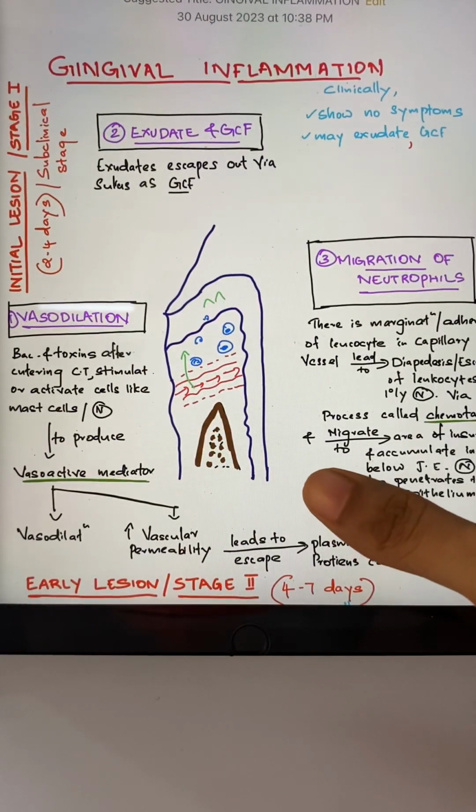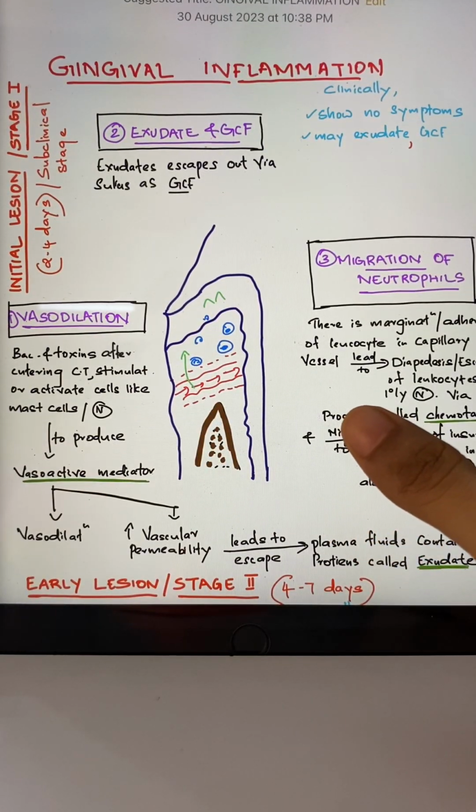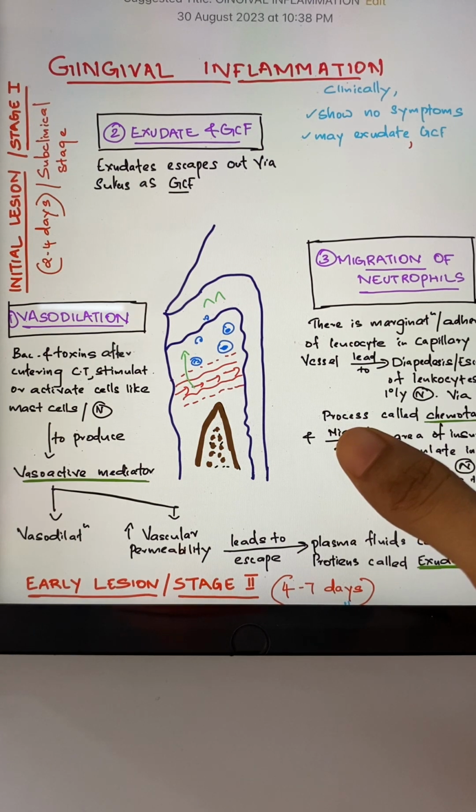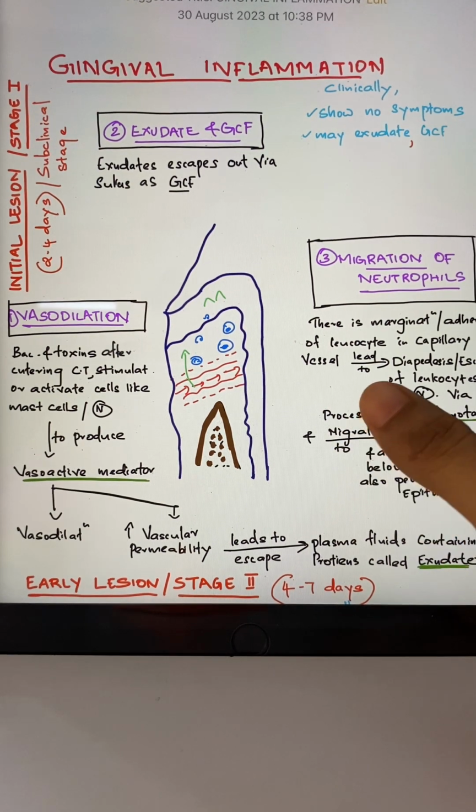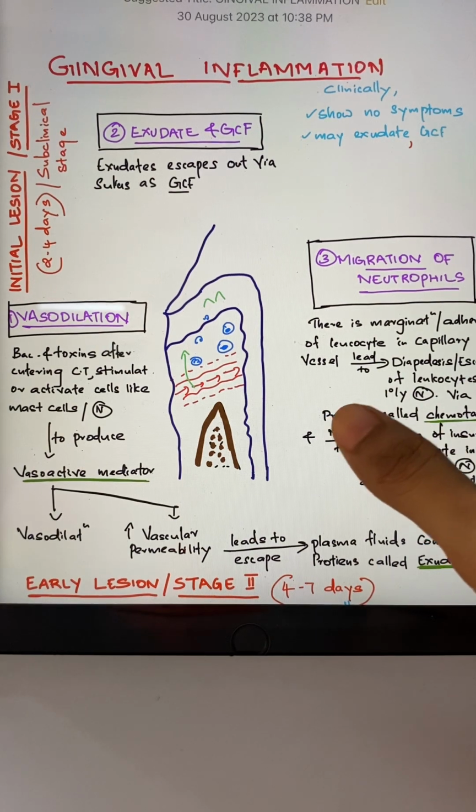First, we will see what the initial lesion is. This is stage 1, which occurs after 2 to 4 days of plaque accumulation. This is the subclinical stage, so the cardinal signs of inflammation cannot be visible in this stage.